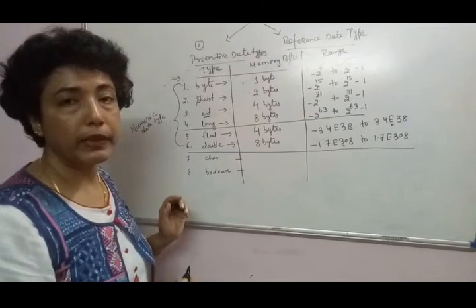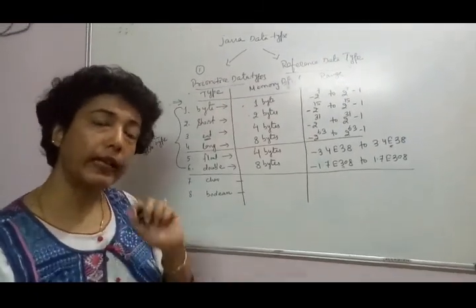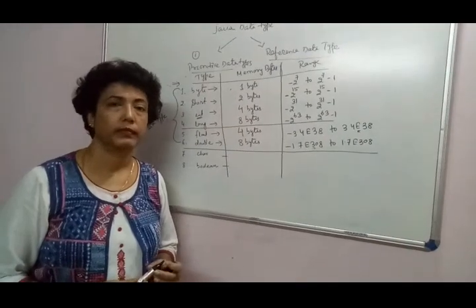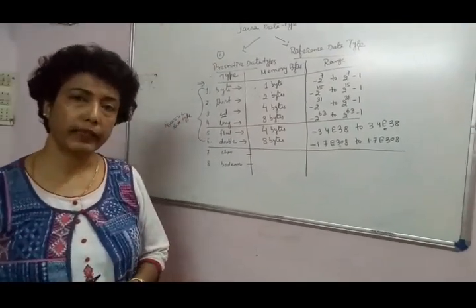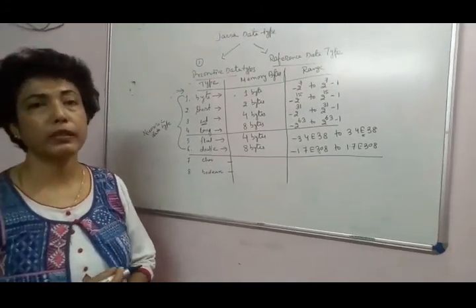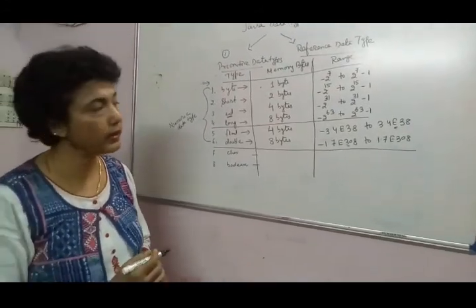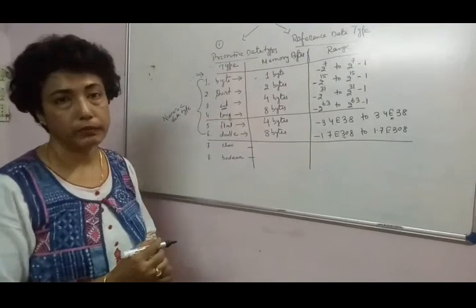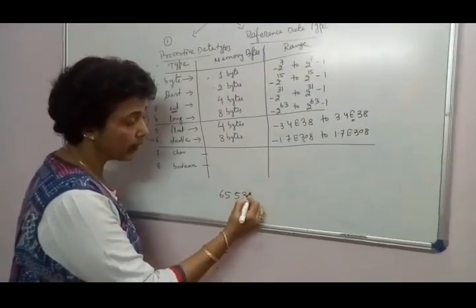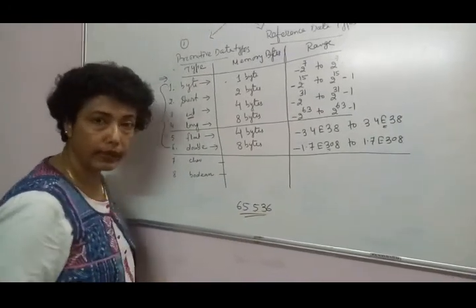Char data type is used to store a single character constant. Now in the discussion of the Java character set, I had told you that Java supports a character set called the Unicode character set, and there are 65,536 characters, right?